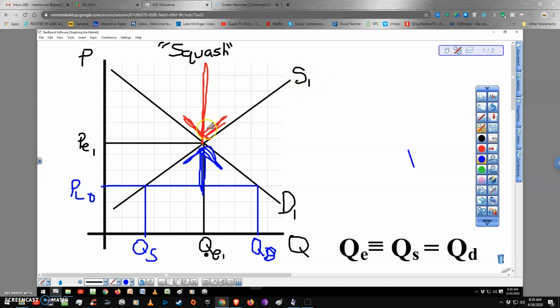They compete amongst themselves, pushing price down, but this force of competition is not as strong as the force of competition between demanders. So demanders will push, and the price will increase until it eventually comes close to PE1, the X marks the spot, because here, like we've said, the forces of competition are equal.